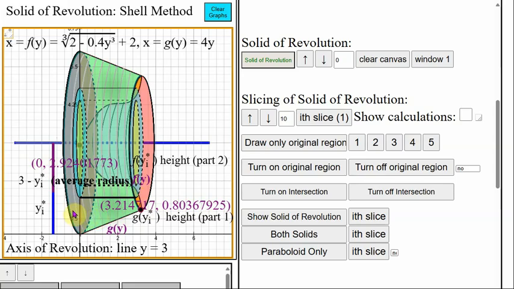And so to calculate the volume of the solid of revolution, we have to break it up into two parts. So we have to integrate from 0 up to 0.8367925 using this graph. And then from 0.8367925 up to 2.9401771 using this graph.